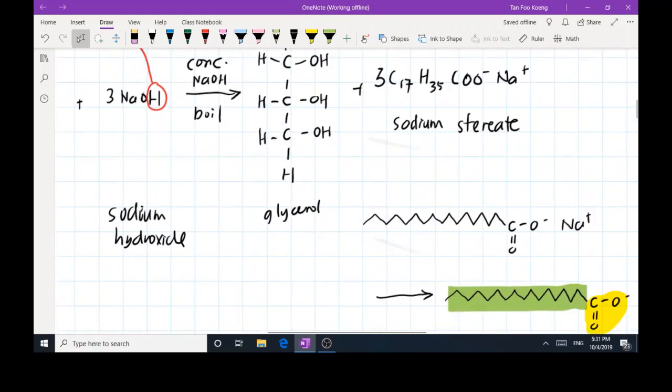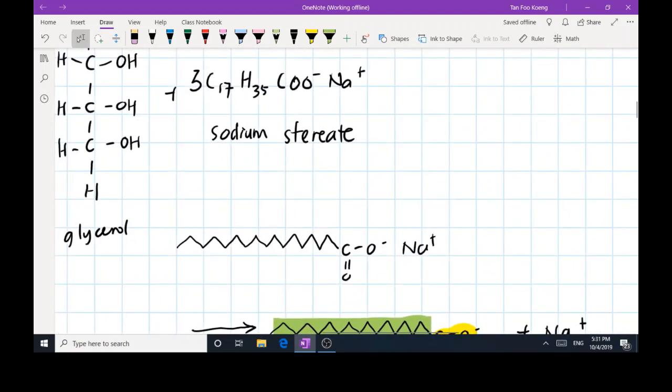Now, if you look at the structure of the long chain fatty acid, this is the cation Na plus here, and this head carries a negative charge, and what is bonded to this C is a long chain fatty acid with 17 carbon atoms. Every corner here represents one carbon atom. So look at it, it's 1, 2, 3, 4, 5, 6, 7, 8, 9, 10, 11, 12, 13, 14, 15, 16, 17.